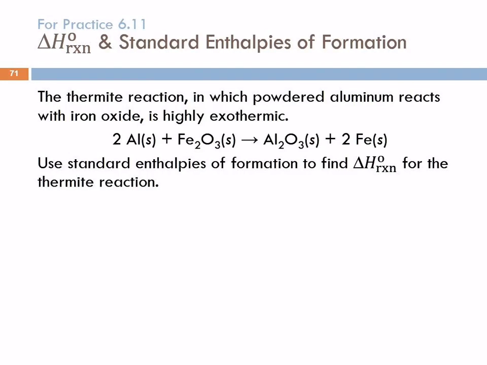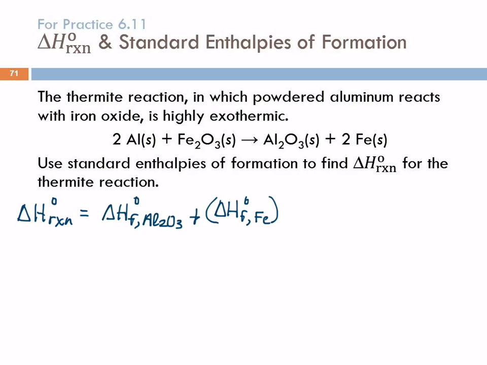So let me write that out. So the standard heat of formation for this reaction will be equal to the heat of formation for Al2O3 plus the heat of formation for iron times 2, because there's 2 of them.